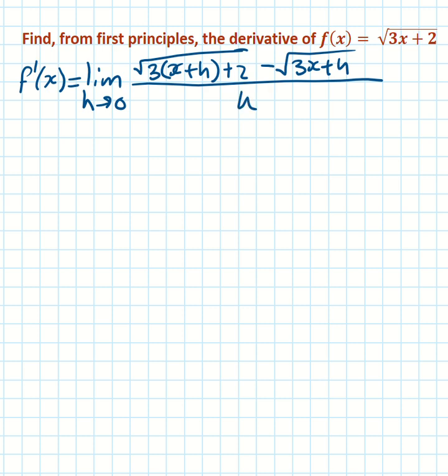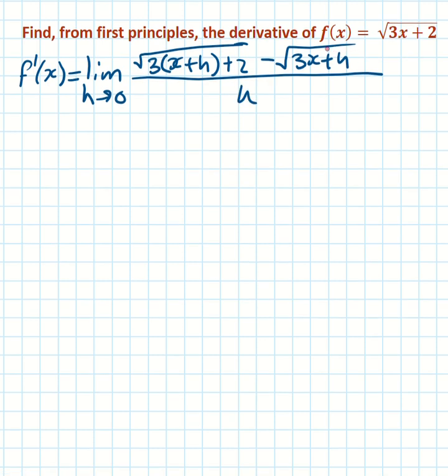Now we want to get rid of the square roots in the numerator because it's easier for us later to get rid of the h's. So what we do is multiply the numerator and the denominator both by the reciprocal of the numerator.